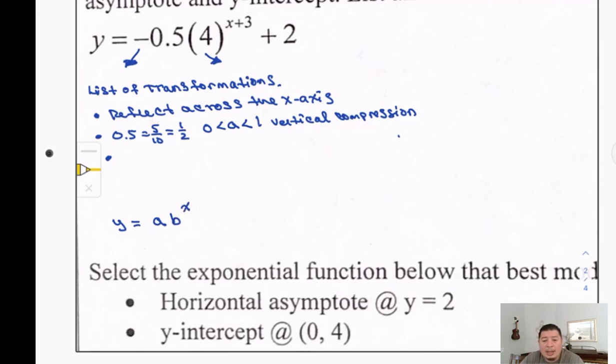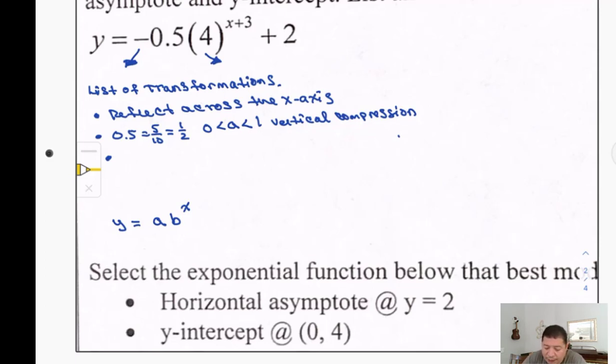The value of b, think of it as the base, is 4. It's greater than 1, therefore we have an understanding that it's going to be exponential growth. If it would have been 1/4, it would have been exponential decay. Okay, so let's move on to the x plus 3.